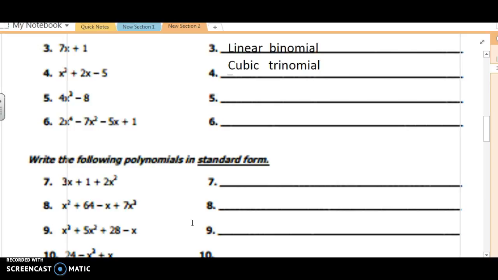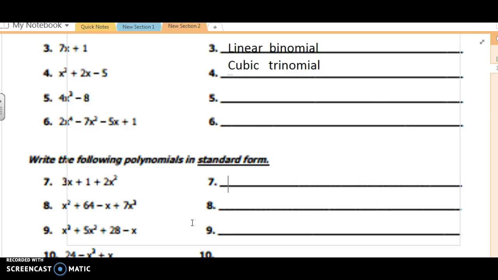Let's move on to writing the polynomials in standard form. Remember, to write a polynomial in standard form, it has to be in alphabetical order with the highest exponent first.